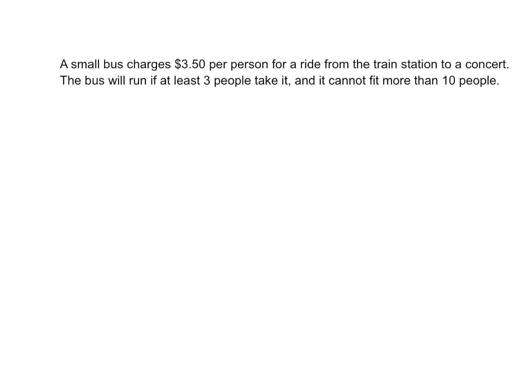Okay, so here's a new kind of example that we haven't seen. A small bus charges $3.50 per person for a ride from the train station to a concert. The bus will run if at least 3 people take it and cannot fit more than 10 people. So how much you have to pay depends on how many people there are. So people is the domain.